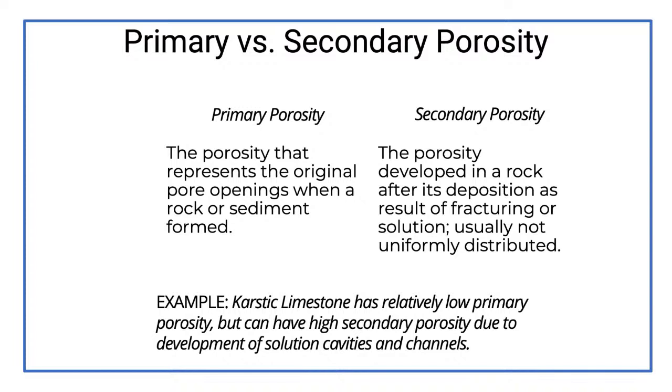Secondary porosity then is developed in a rock after its deposition as a result of fracturing or solution. It's usually not going to be uniformly distributed. So this is important, and it becomes a lot more challenging to place wells in rocks where we're looking for fractures and development of secondary porosity. So it takes some science to do that.